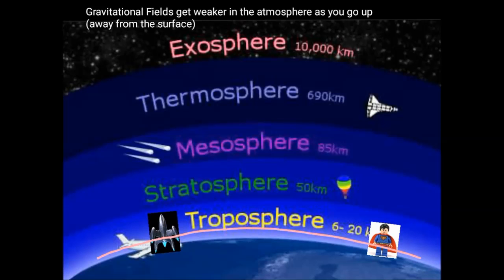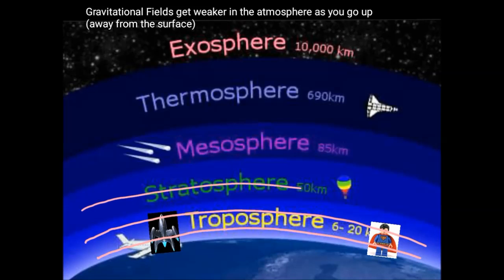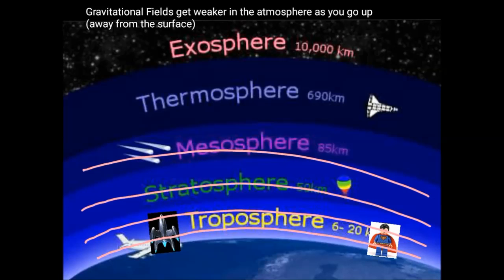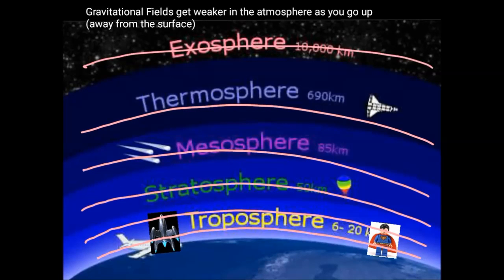Here's a gravitational field line, and then maybe the next one's a little bit farther apart, the next one a little bit farther apart, and so on. Those are our gravitational field lines. The distances between each one of these tells us how strong they are. The greater that distance, the weaker they are.